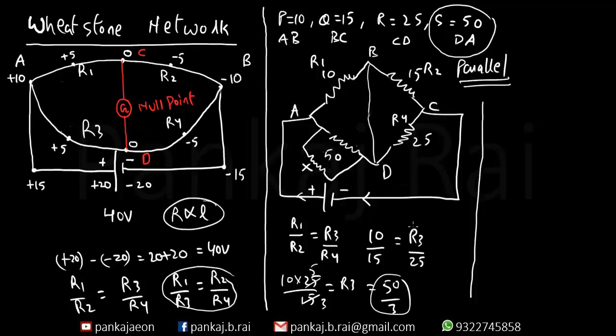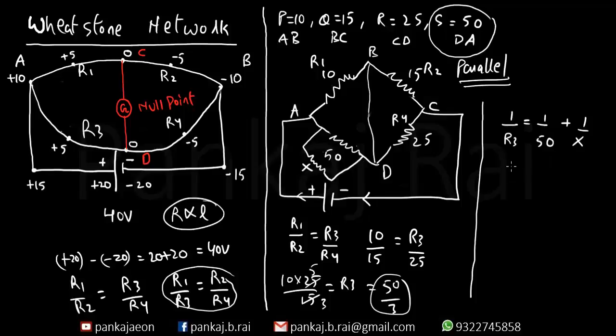It is a very simple equation, as we know I can write 1 by R3, which is the effective resistance of the parallel combination, equal to 1 by 50 plus 1 by X. So I have to find X because I know R3 already.